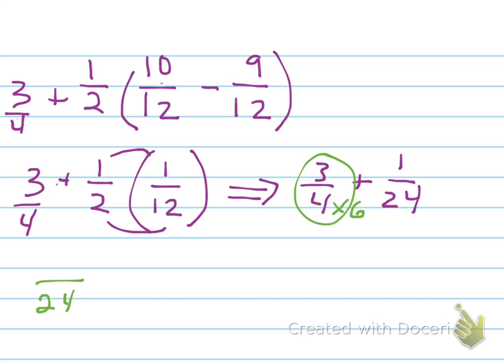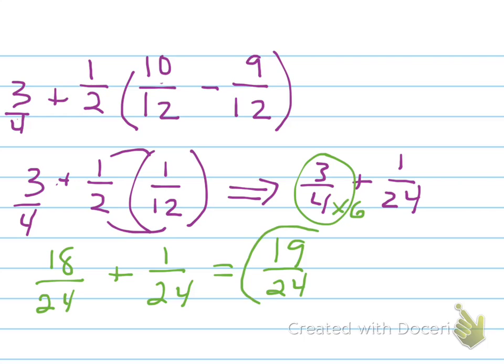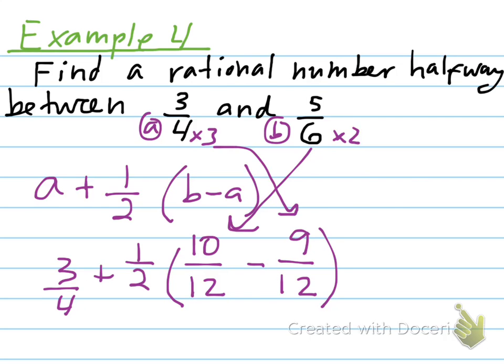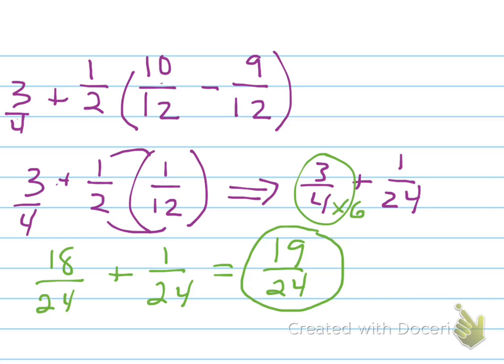And then 3 times 6 is 18 plus 1/24, which equals 19/24. And so this is the number that is halfway between the original 3/4 and 5/6. So that's our final answer.